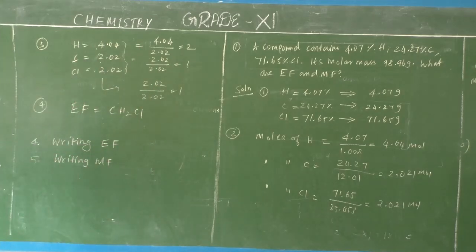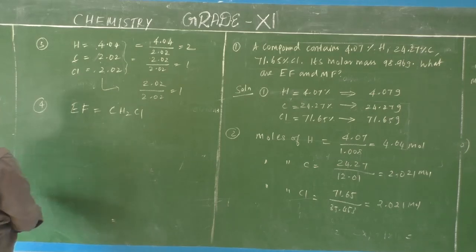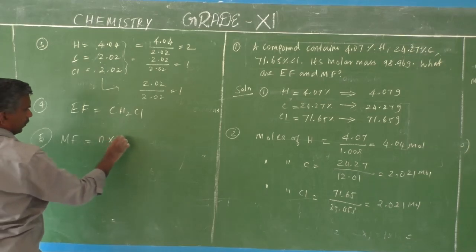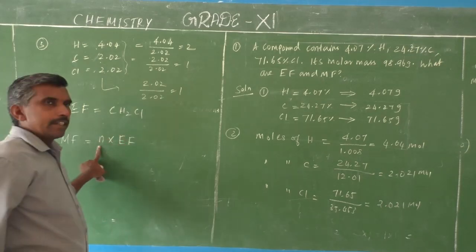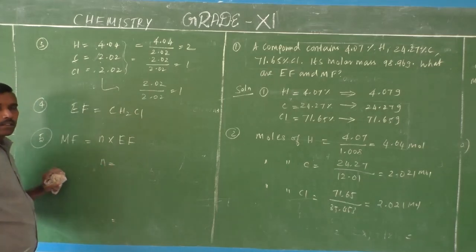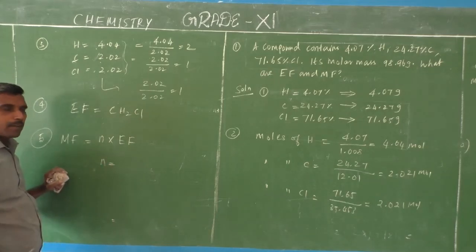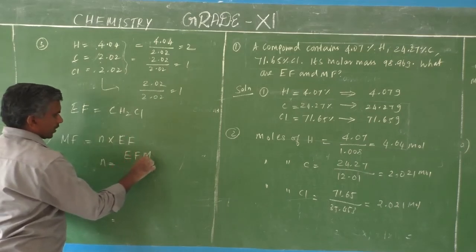Next, molecular formula, the final step. For the molecular formula, what is the n, multiplied by the empirical formula? N is the molecular formula mass divided by the empirical formula mass.